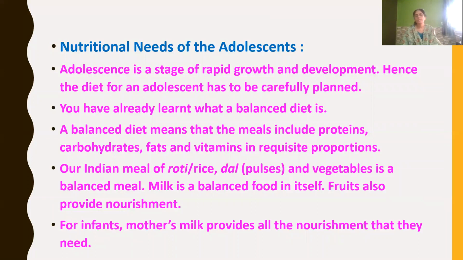Our Indian meal consists of roti or rice, dal, that is pulses, and vegetables, so it is a balanced meal. Milk is a balanced food itself; it consists of sugar, fat, protein, everything. Fruit also provides nourishment. And for the newborn baby, mother's milk provides whatever nourishment they need.